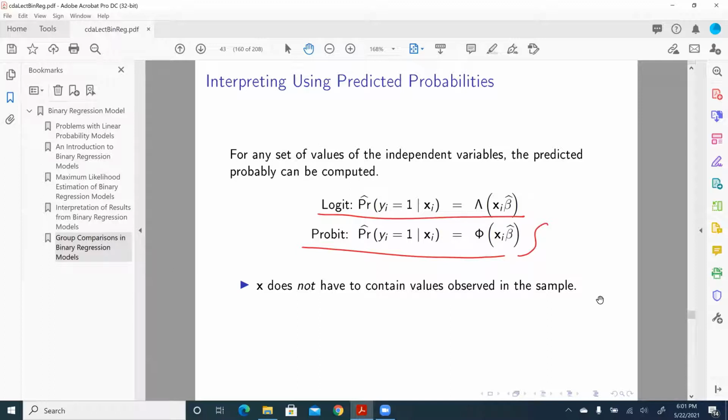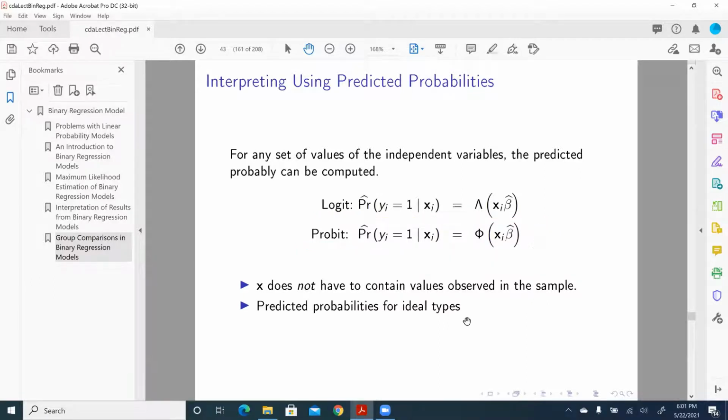We can still feed that X vector to our R program and produce predictive probabilities as well as their associated precision estimates. In that case, we sometimes call that ideal types, or hypothetical predictions.